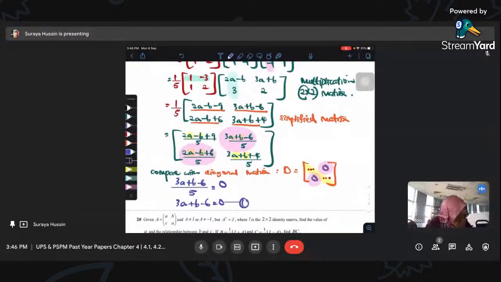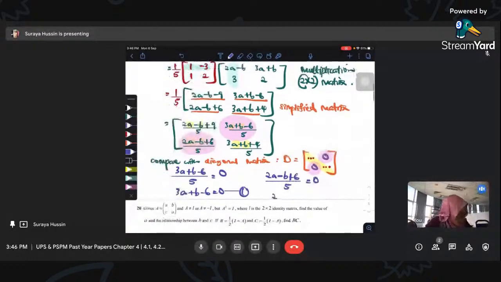Seterusnya, 2A minus B plus 6 over 5 is equals to 0. And so 2A minus B plus 6 will be equal to 0. And this is your second equation.